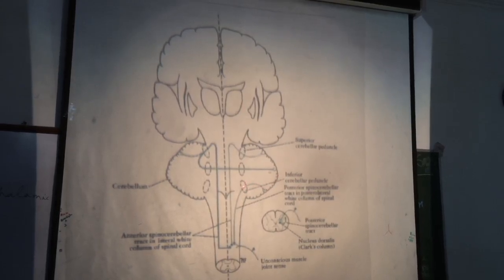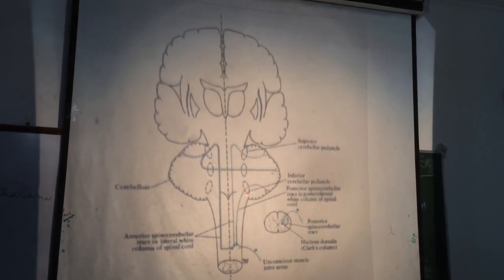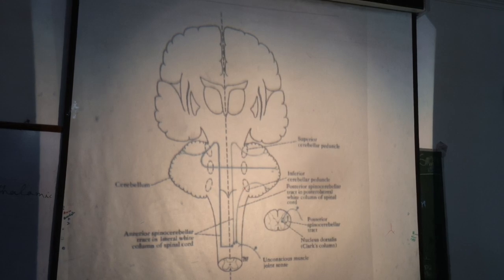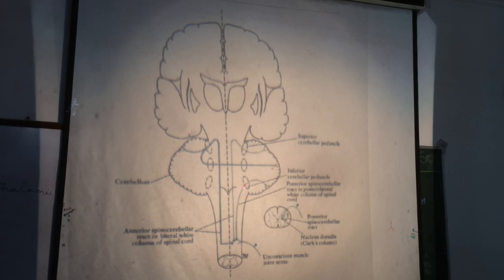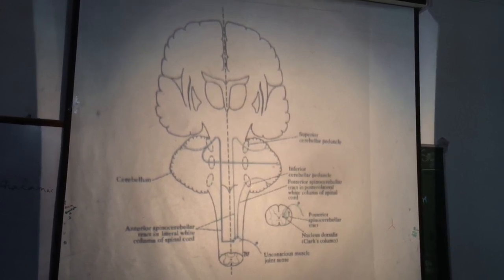The tract fibers in the cerebellum terminate in the vermis and intermediate zone on the same side.